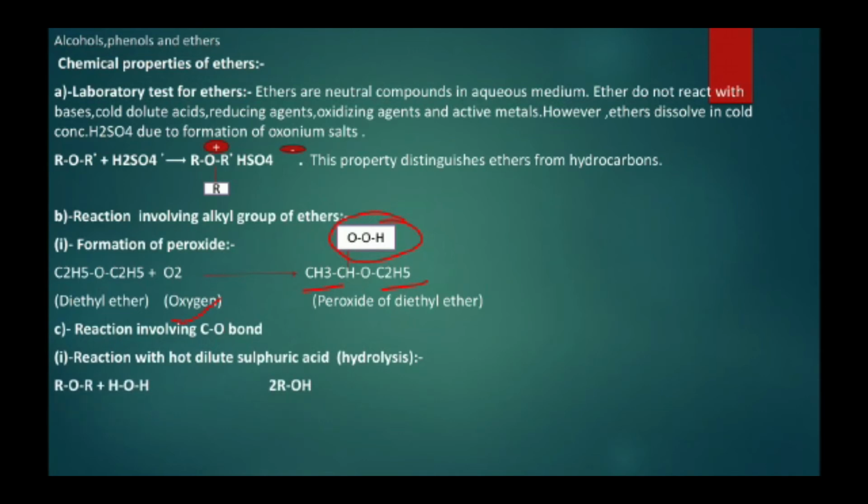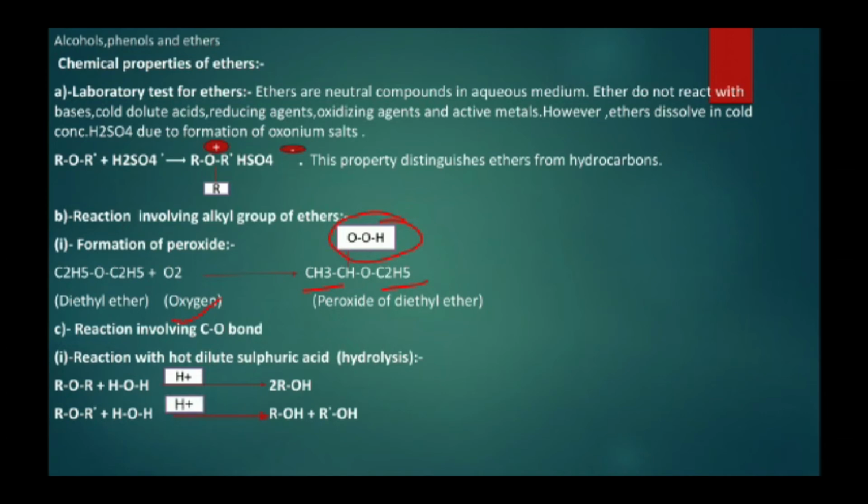See this, simple ether ROR when hydrolyzed with water in presence of acid under pressure forms alcohol ROH. Both alkyl groups are the same, that's why it forms 2 moles of the same alcohol. But when mixed ether is considered, it forms 2 different types of alcohols, ROH and R'OH.